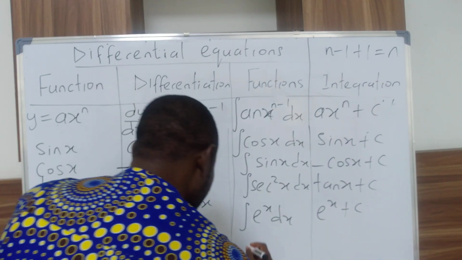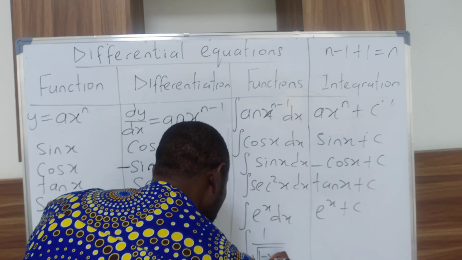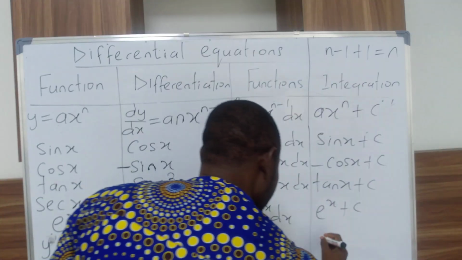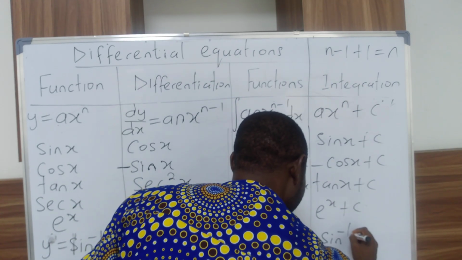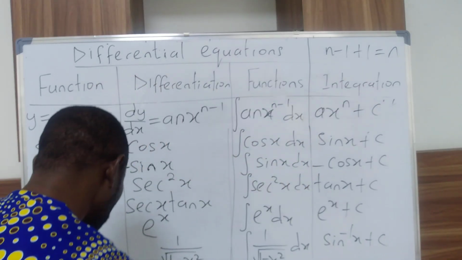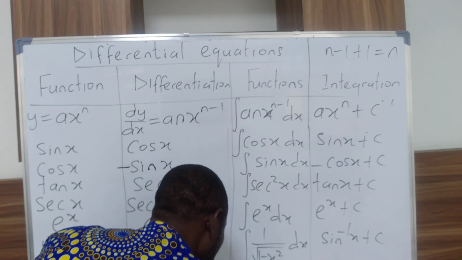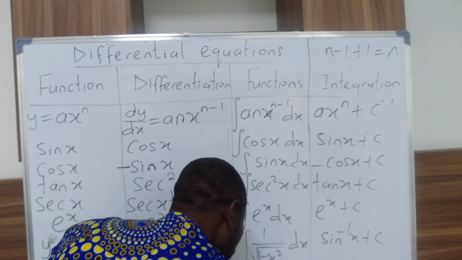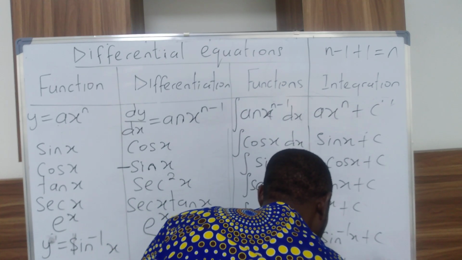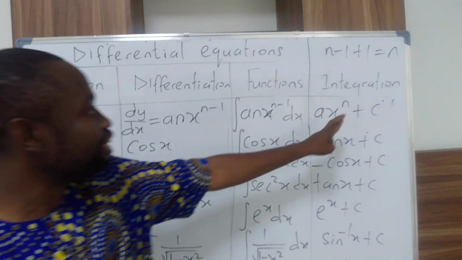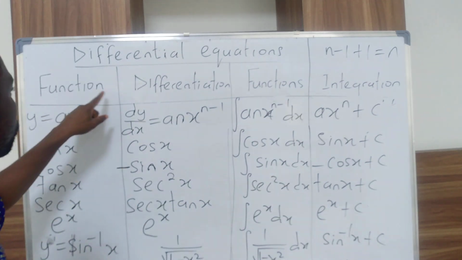If I integrate 1 over square root of 1 minus x squared, it's going to give me arc sin x plus c. If I also integrate this one, 1 over x squared plus 1 dx, it's going to give me arc tan x plus c. So you can see that integration is the reverse of differentiation.